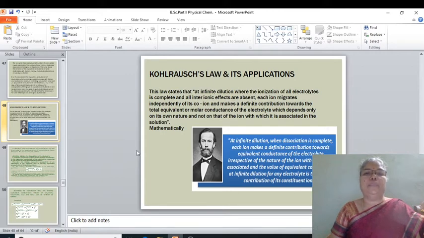And conductance is the capacity of any conductor for the passage of electricity. You have studied the types of conductors. There are two types of conductors, metallic and electrolytic.